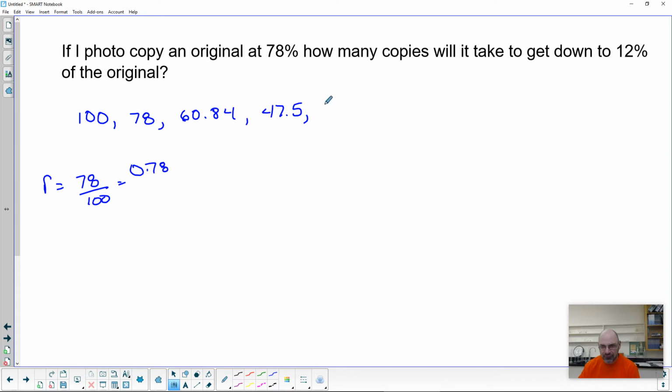That's 37.0. Then we multiply that by 0.78 because it's still not at 12. That's 28.9. Then we multiply by 0.78 again, and I get 22.5.